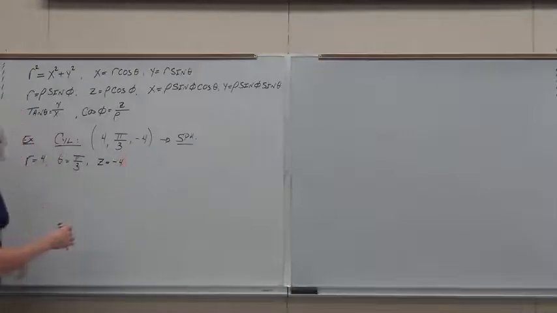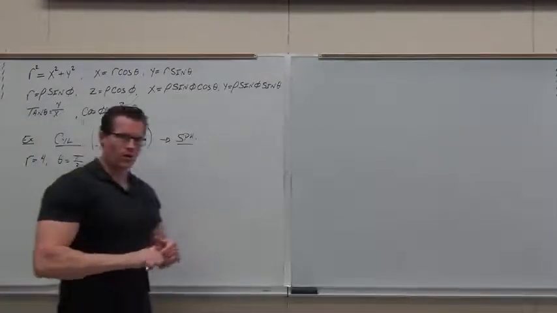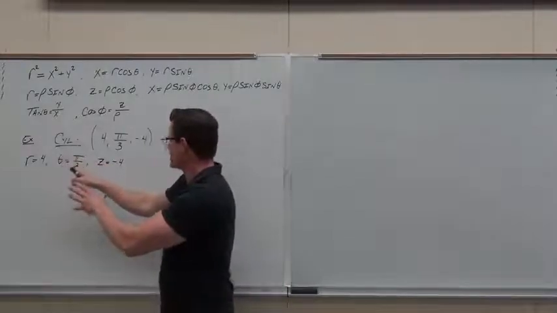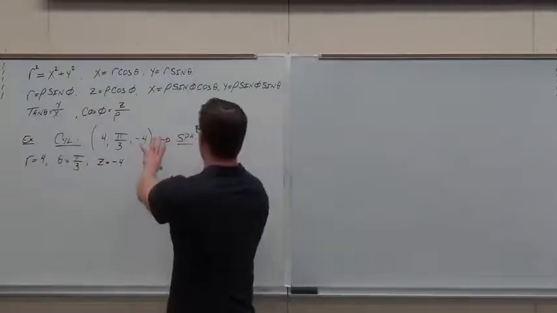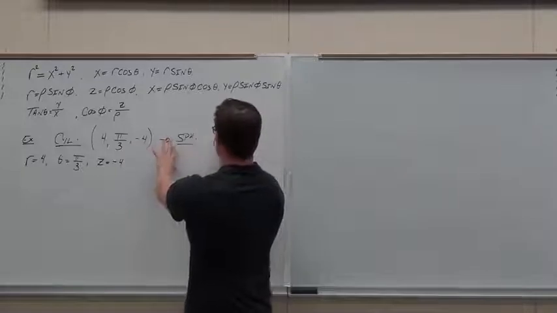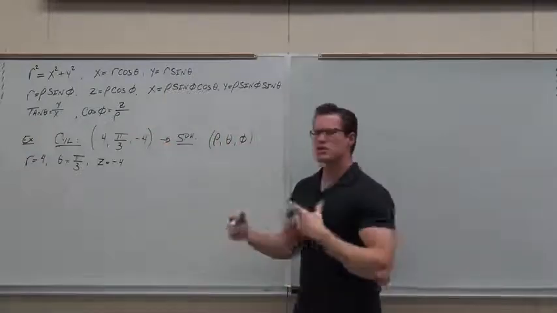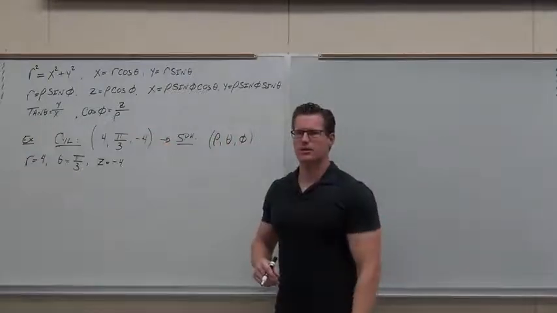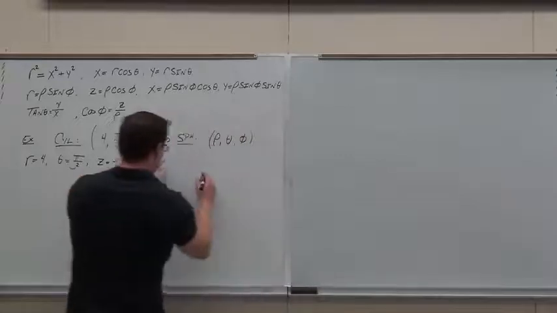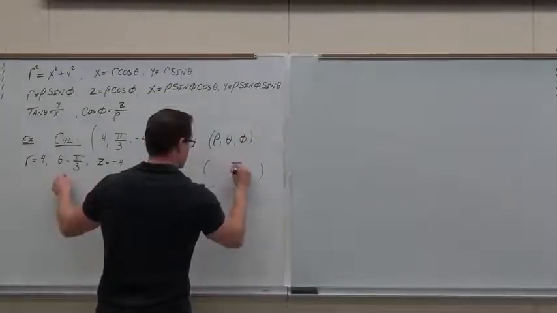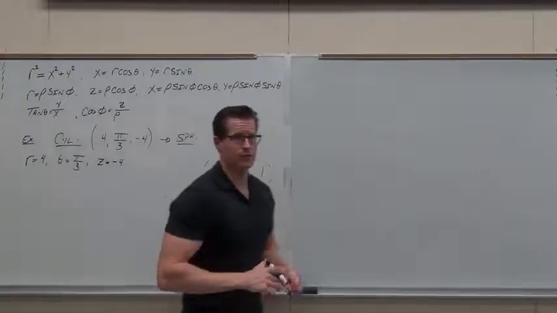So let's translate it. Can we go from r's and z's and thetas into what I want: rho, theta, and phi? Which one of these do we already have? I already know that spherical theta is going to be pi over 3 for sure.